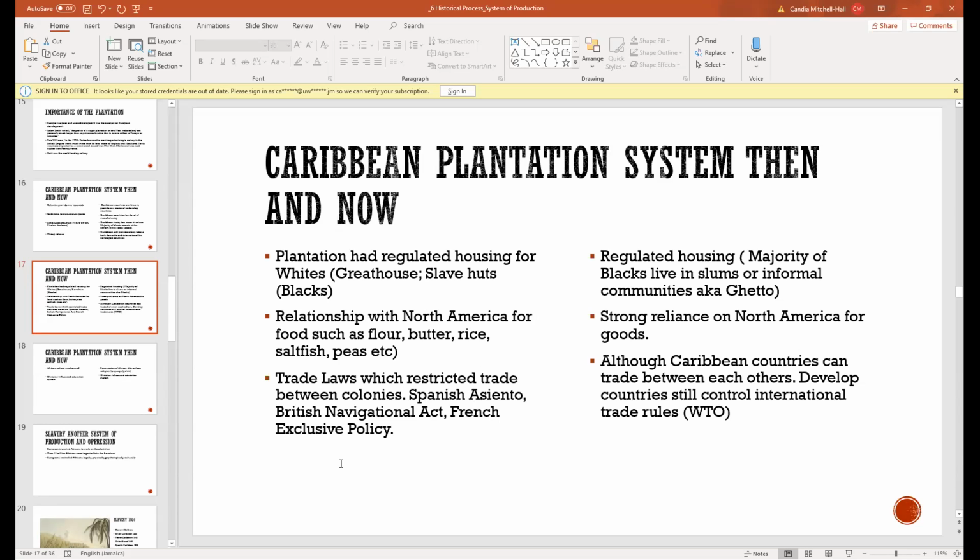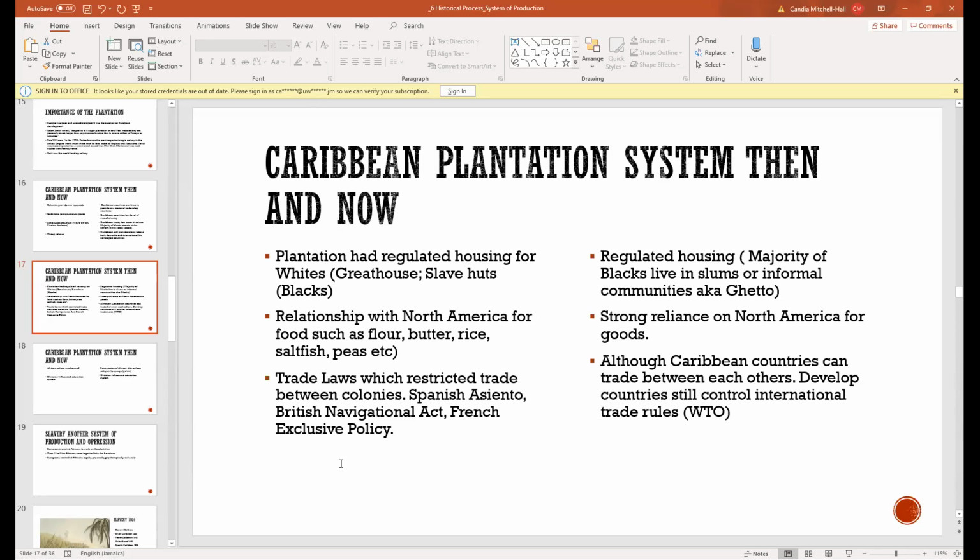Caribbean colonies could not trade with each other. You needed permission for trade. They never had free trade. It was restricted. The British also had their policy, the British Navigation Act, that says you should trade only with Britain.